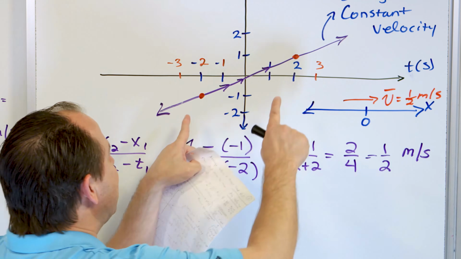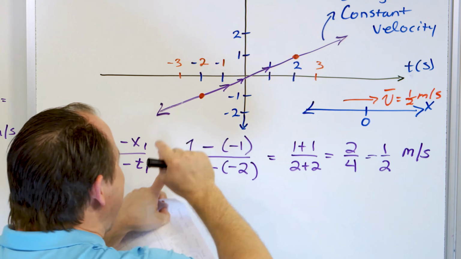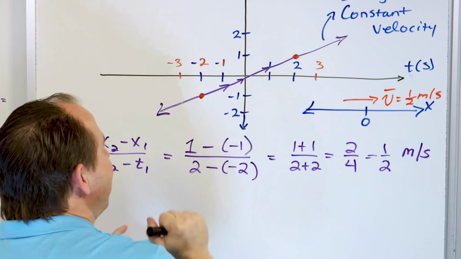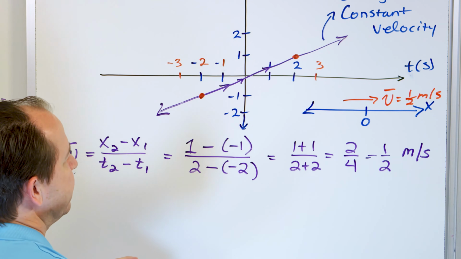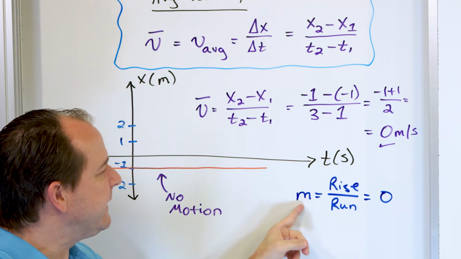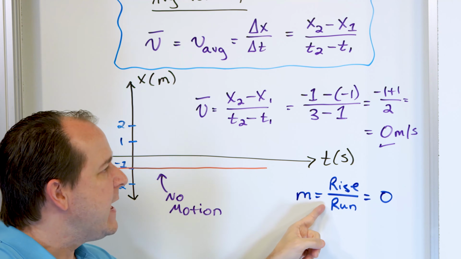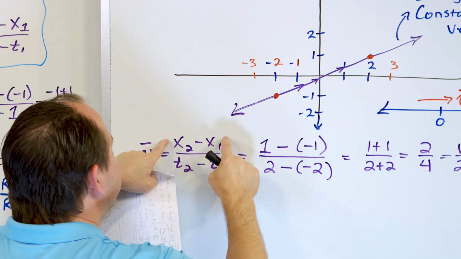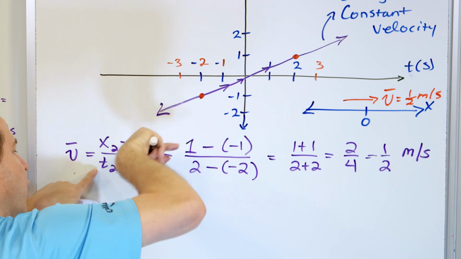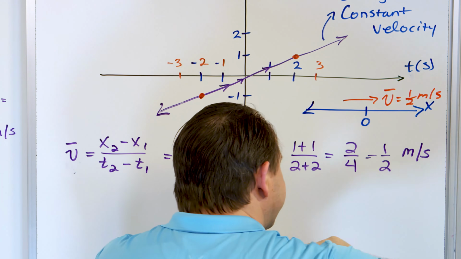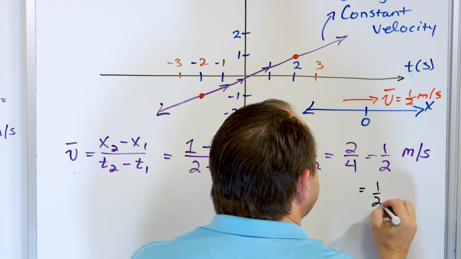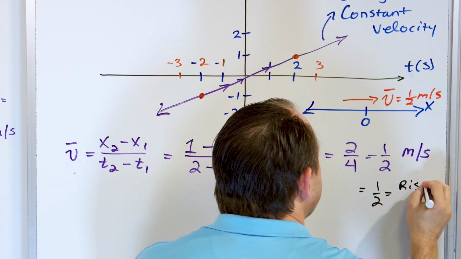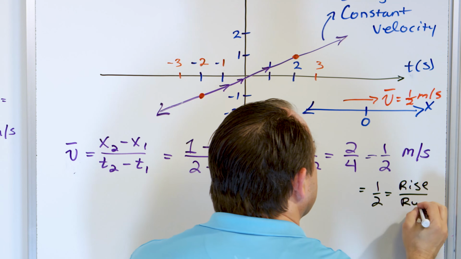Now we've established that between these 2 points, the average velocity is 1/2 meter per second. Let's see if it makes sense. Because we just said that the slope of anything is the rise over the run, and what we basically are calculating is how far we're going up, rise, and the run over here. So this 1/2 should be a rise of 1 and a run of 2.